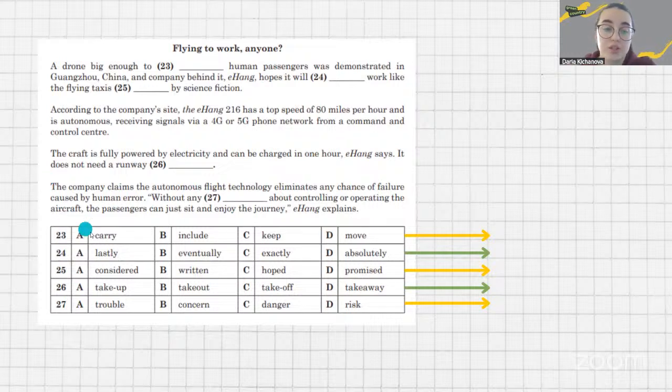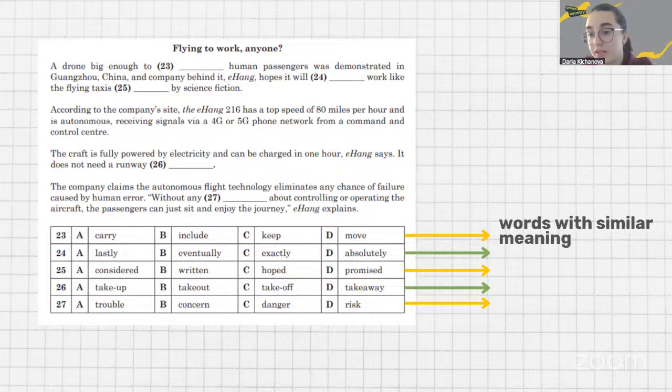So let's take a look at the first question, where we have carry, include, keep, and move. In this way, we can see that these words have similar meaning. For example, we can move people, or we can carry people. So there we have some words that have similar meaning, but they are different depending on the context.